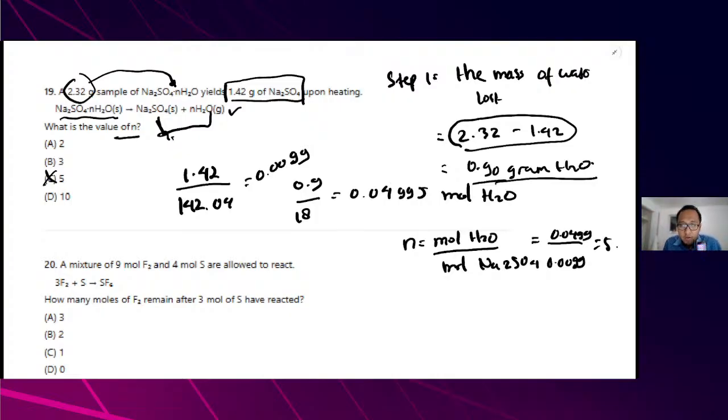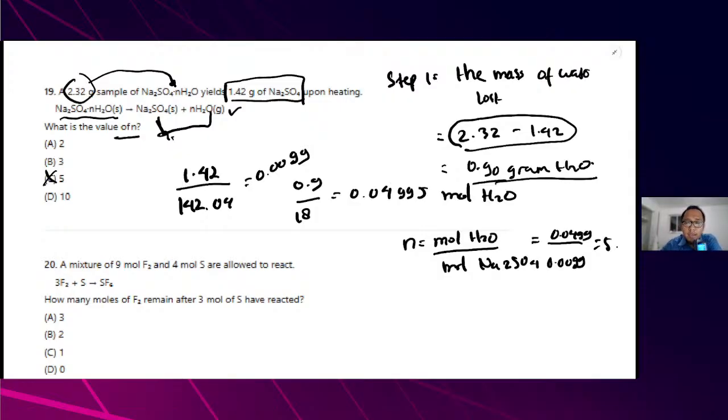Remember, if you are getting a question about hydrate problems, we need to determine how many water lost. Okay, how many water lost, and then we already get the water, right? Subtract to get water.